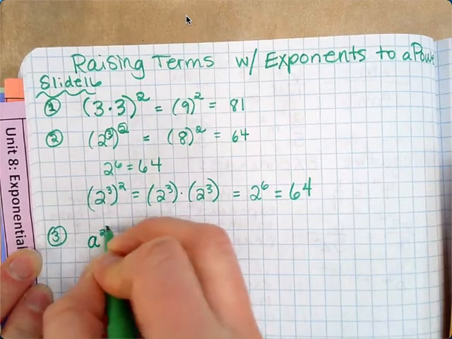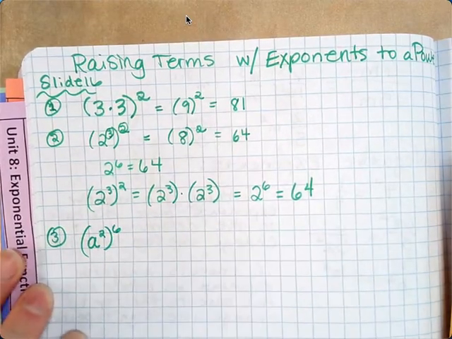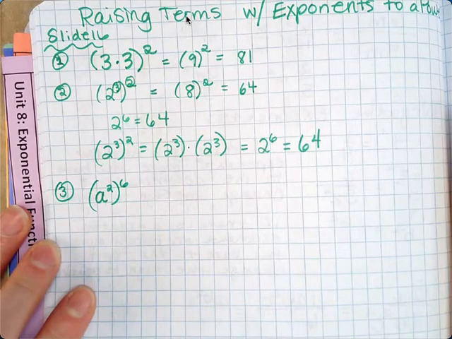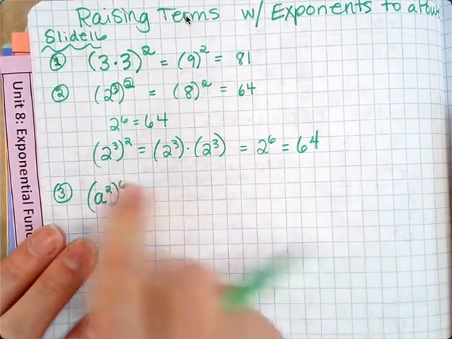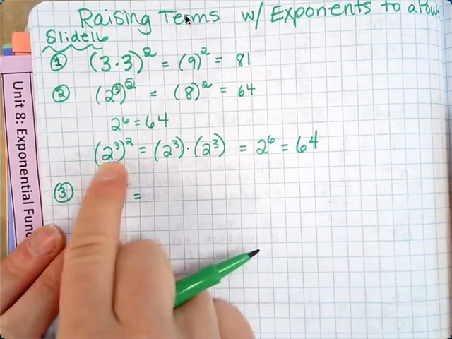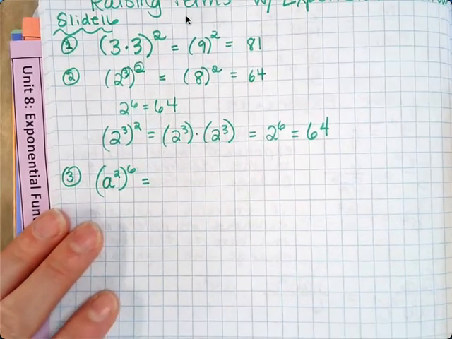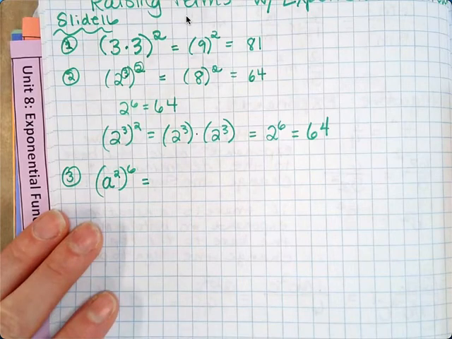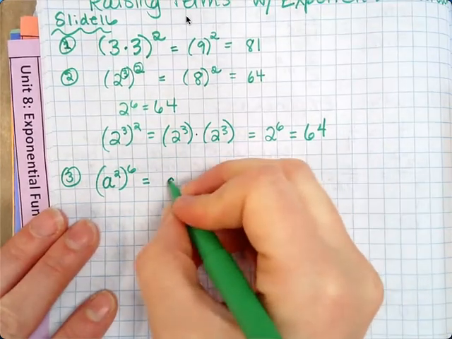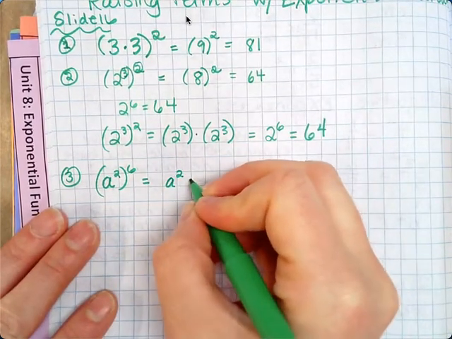A squared to the 6th power. Let's expand this out like we did this one. If I expand it out, what would I have? A squared, how many times? 6. Okay.